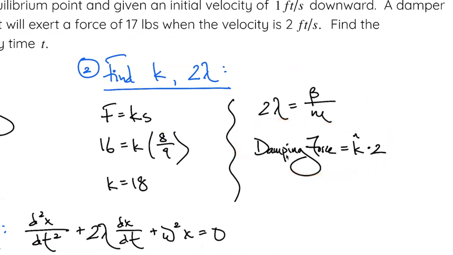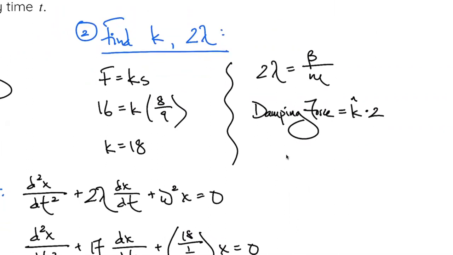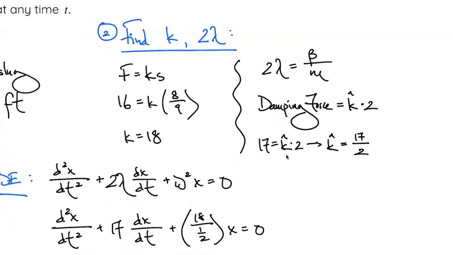So we have this equivalent expression. When we plug in this damping force of 17, we get 17 equals K hat times 2, or K hat equals 17 halves.